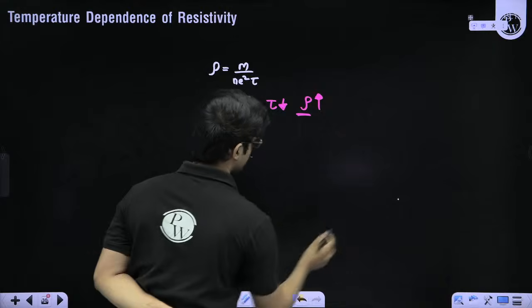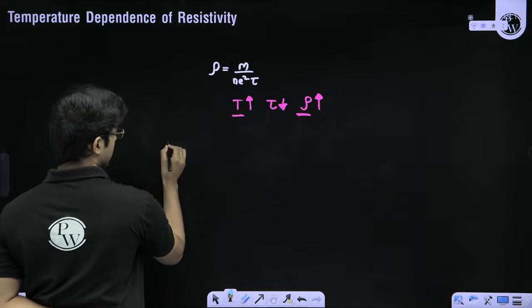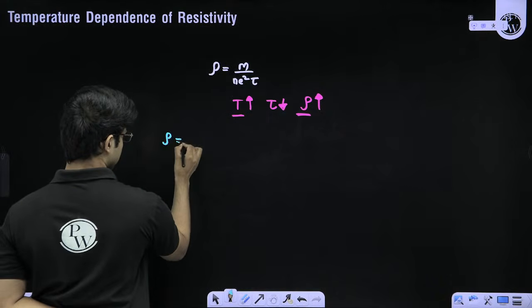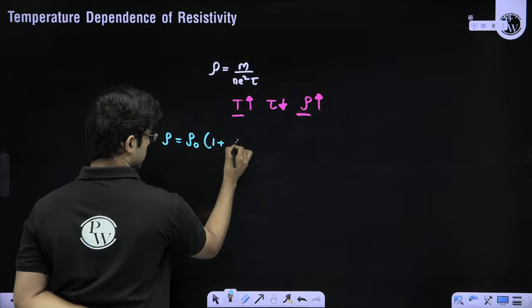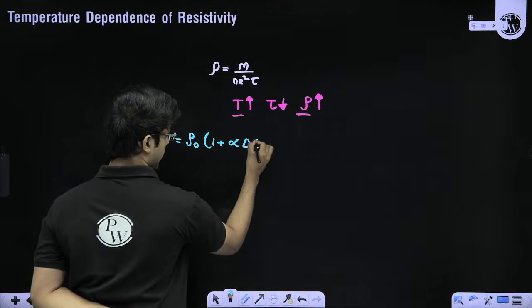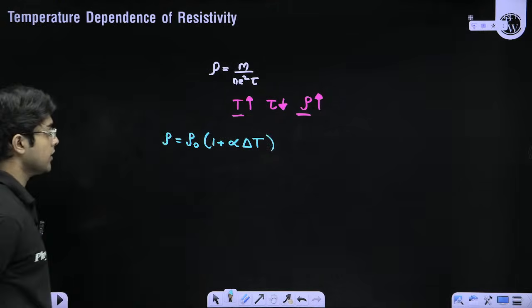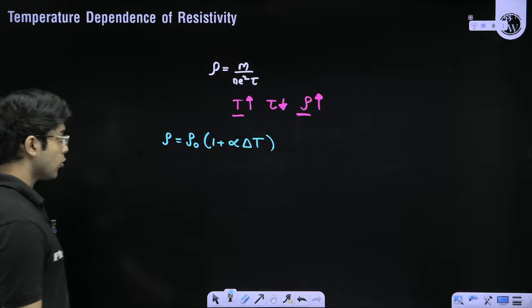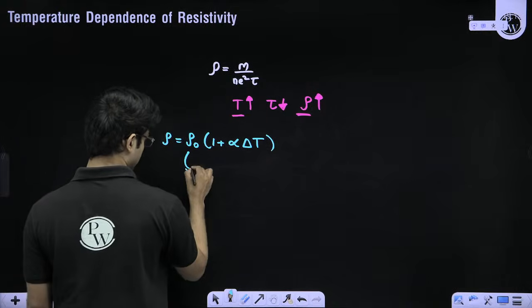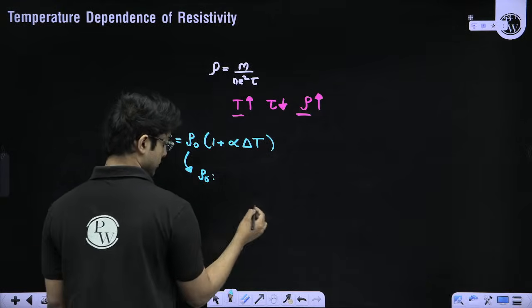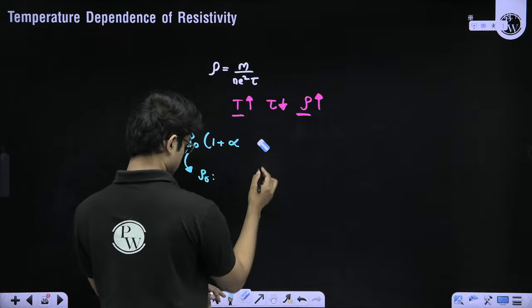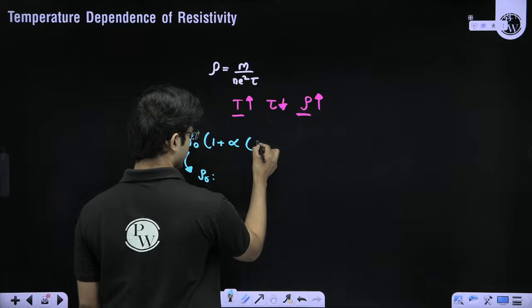So the exact relation is something like this: rho equals rho naught into 1 plus alpha delta T, okay? And here rho naught is the resistivity at a reference temperature T naught. I'm going to write it like this: alpha into T minus T naught.